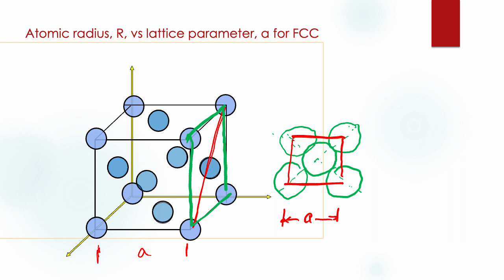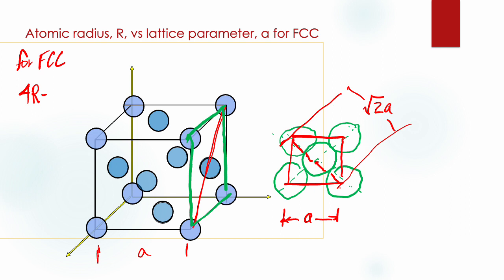And so I've got 4 radii, 1, 2, 3, 4 across this diagonal. And that length is the square root of 2 a. Right? So for FCC, 4R is equal to the square root of 2 a. Remember, for BCC, 4R was the square root of 3 a.